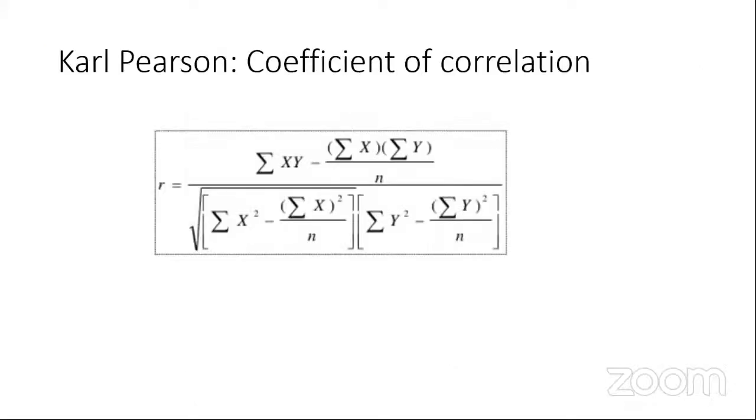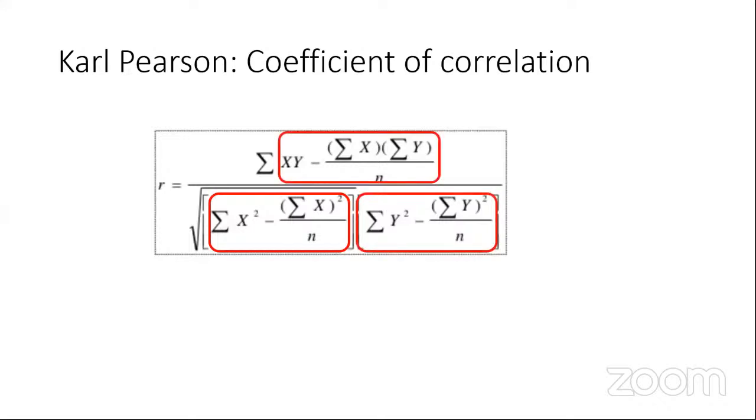The first scientist who gave the formula for the quantitative estimation of correlation, which is known as the coefficient of correlation, is Karl Pearson. This formula is quite complicated, but if you closely look at it, you can point out that there is an x variable, which is independent, a y variable, which is the dependent variable, and a third variable xy, the multiplication of the independent and dependent variable.